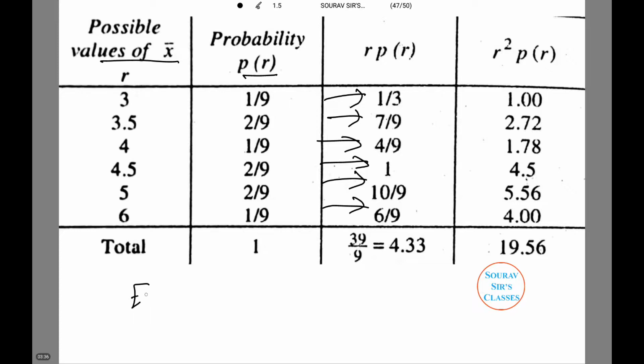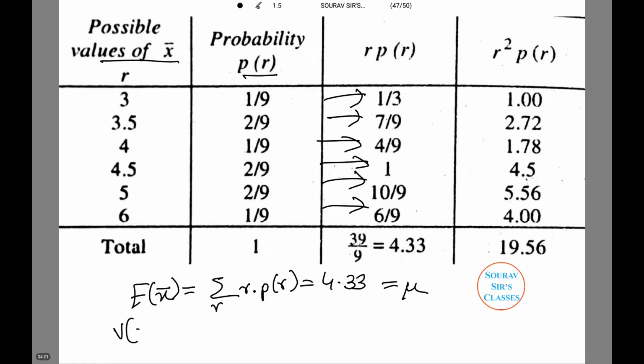Thus, as we know, expectation of x bar is equal to summation x into p(x), which is equal to 4.33, and this equals mu, and hence our first proof is done. That is, the expectation of the sample mean is equal to the population mean.